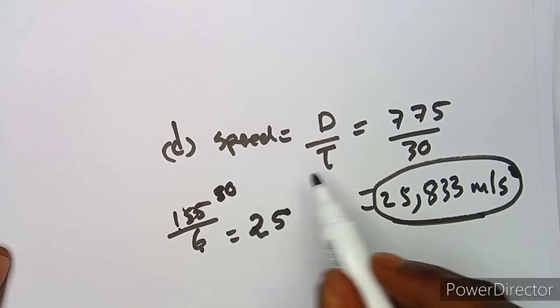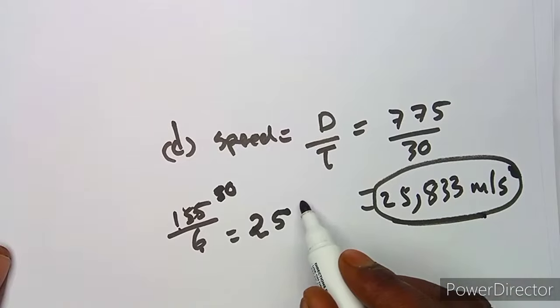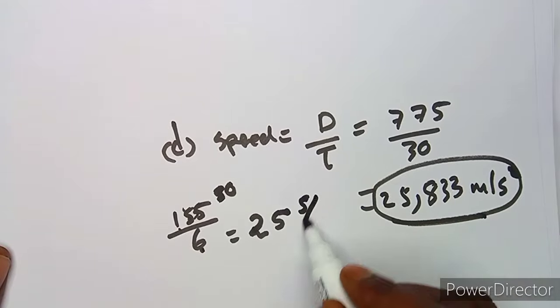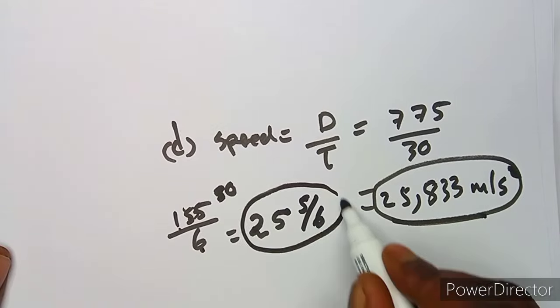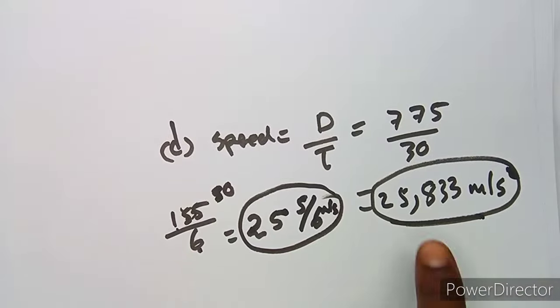So instead of writing a decimal like this, we can just write it as 25 and 5 over 6. Still, it's fine, meters per second. Or you can write it as a decimal 25.83333, and so on. So that's how these questions were presented in this paper that we had.